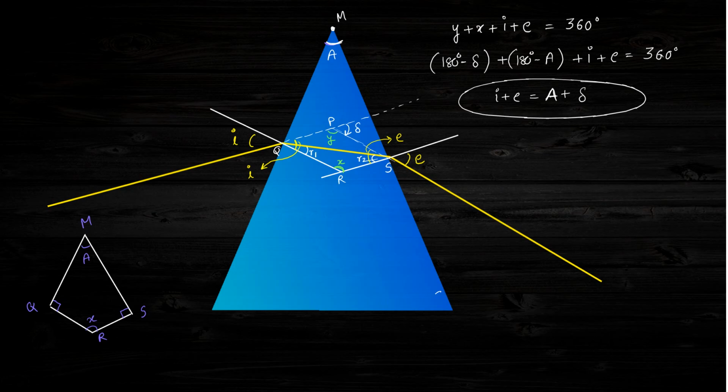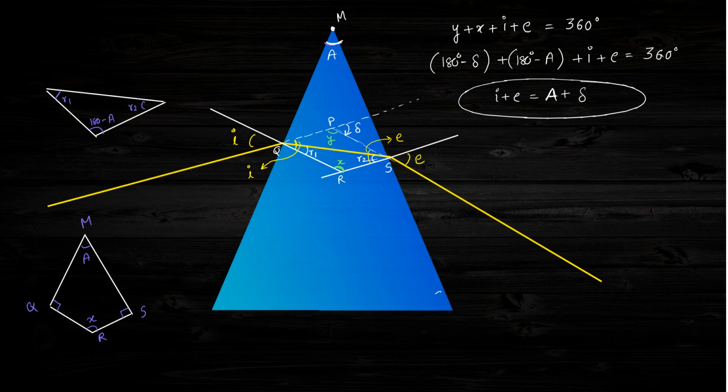Alright, now let us also understand that in the triangle QSR, if we try to analyze this triangle, then we know that this angle happens to be R1, this angle happens to be R2, and this is X, which is nothing but 180 minus A we have just seen.